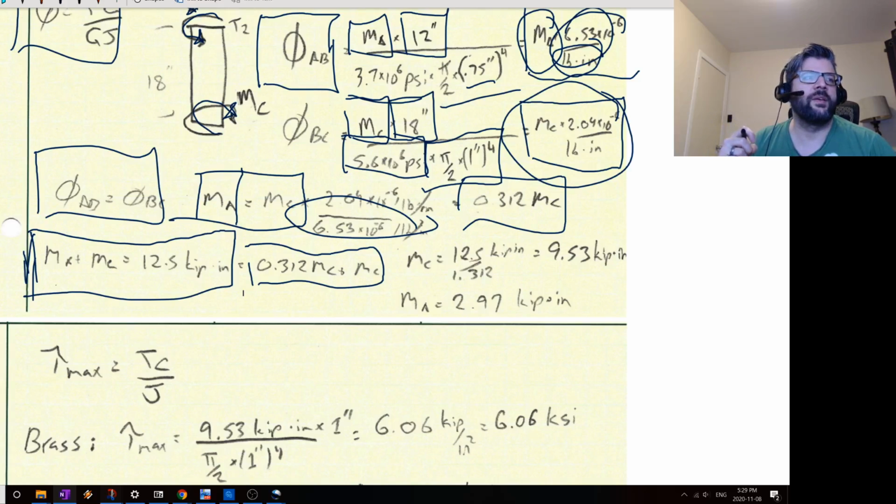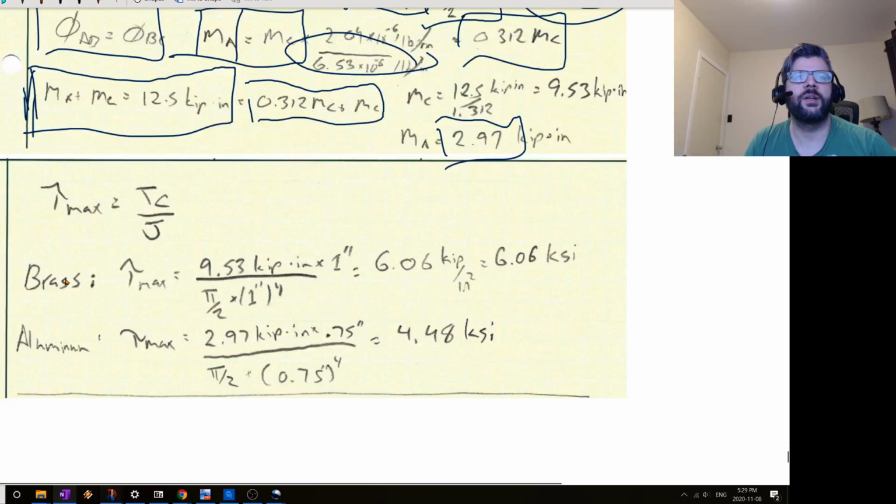Then we're able to solve for MA from that. Just subtract: 12.5 minus that gives us 2.97 kip inches.